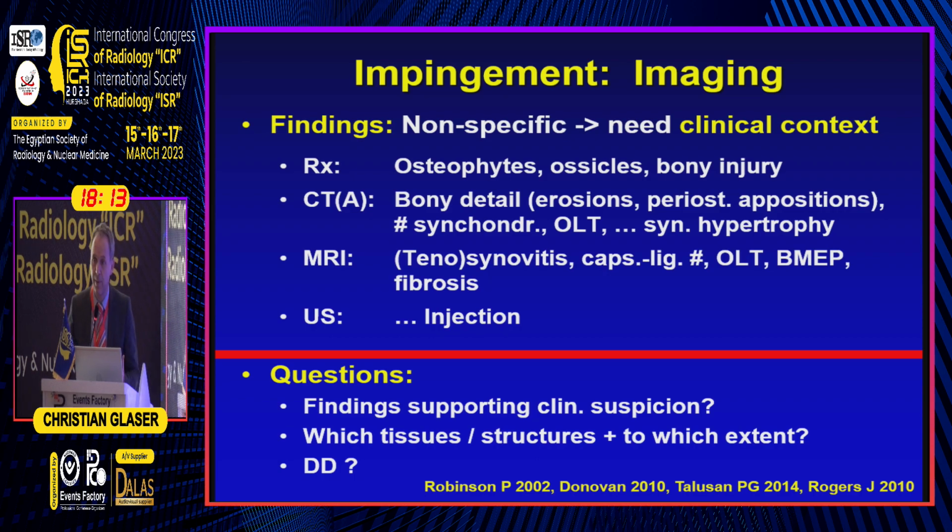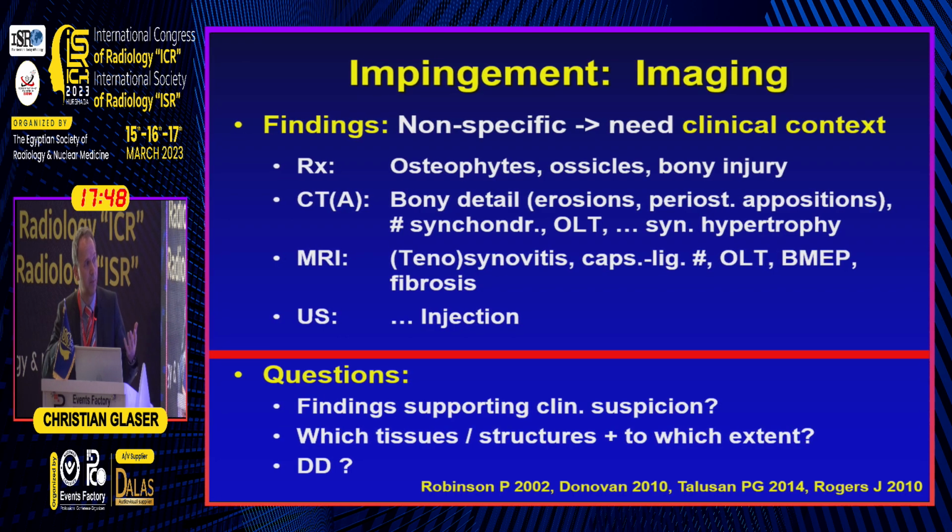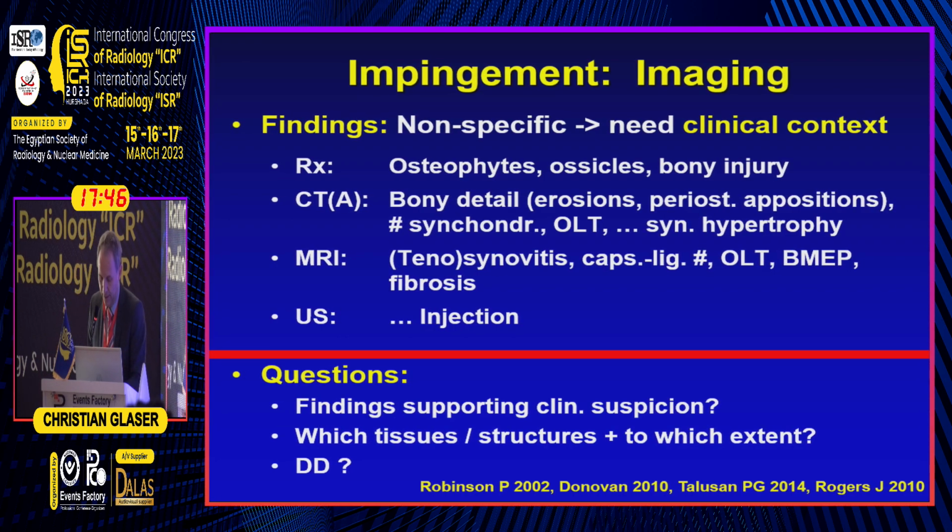And under this background, we have to look at the osteophytes, ossicles, bony injury, subtle details in CT like erosions, periosteal appositions in the synchondrosis, for instance, sometimes osteochondral lesions, in order to show what morphology contributes, and as far as the soft tissues are concerned, MRI and ultrasound for inflammatory, hypertrophic, and fibrotic changes.